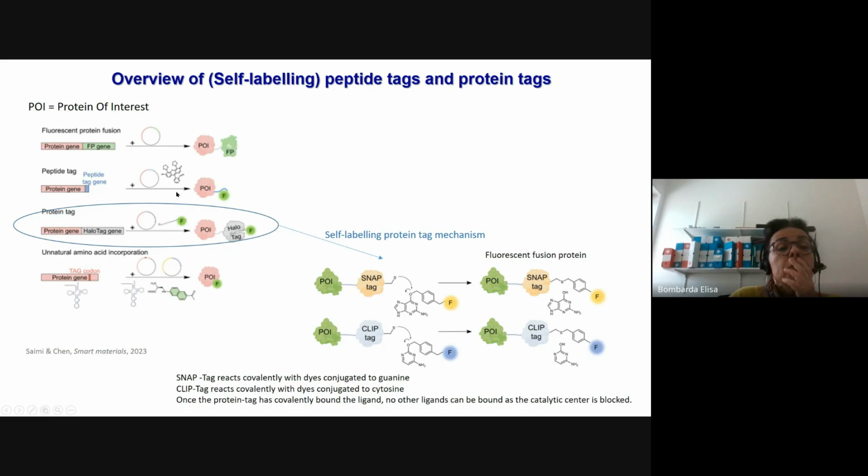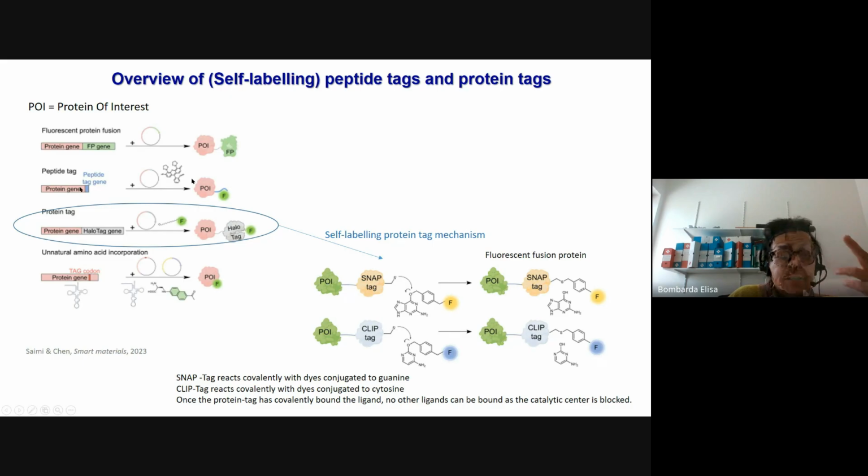It can also be done with a peptide, so similar method. Just instead of a fluorescence protein, we introduce a peptide that can bind a fluorophore.